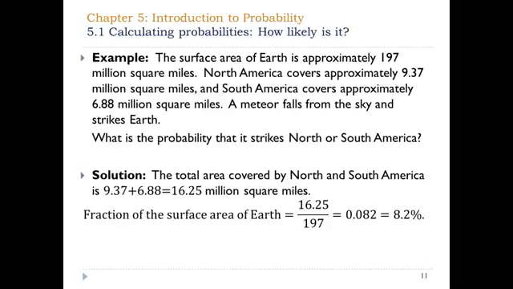The total area covered by North and South America is 9.37 plus 6.88 equals to 16.25 million square miles. Notice when I have to subtract here the size of the part of the Earth that's both North and South America. Fraction of the surface area of Earth is 16.25 divided by 197, and that's 8.2%.